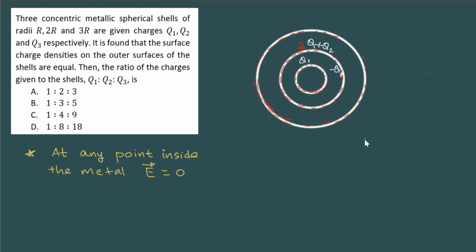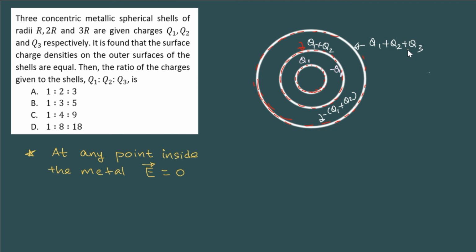At any point on it, the electric field is zero, so the flux is zero, meaning the net charge within should be zero. So the inner surface of the outer shell gets negative of Q1 plus Q2, and the outer surface of the outer shell has Q1 plus Q2 plus Q3, because the total charge must be only Q3. I hope you understand the distribution here.